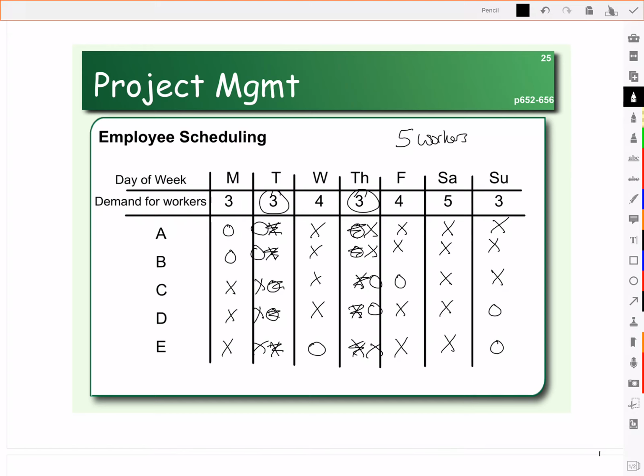Poor worker E can't have 2 days off in a row because we can't move the Wednesday schedule to Saturday because there's different demand for workers. And we can't switch the Wednesday schedule and Monday schedule because there's different demand for workers. So for E, they're left this week with 2 vacation days that don't match up, which means when we schedule next week, E will be our priority for giving them 2 consecutive days off.